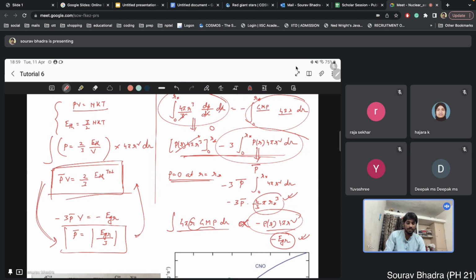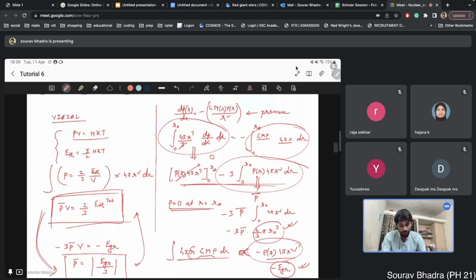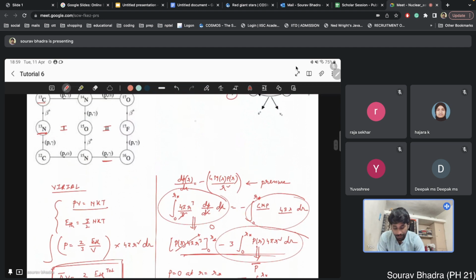So that is the reason, if you just equate these two things, you will be left with the result. Just equate those two, you will get E thermal total is actually minus EGR by 2. This is a form of the virial theorem actually.